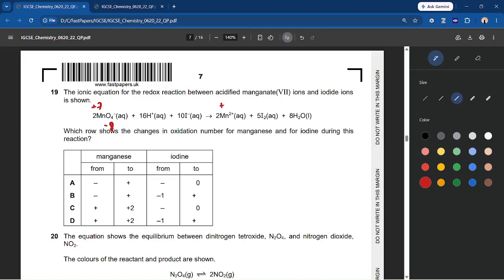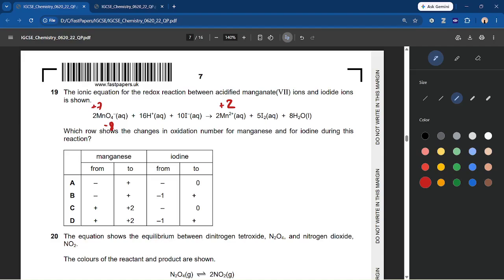This is interesting. It goes from +7 to +2. And iodine goes from -1 to 0.